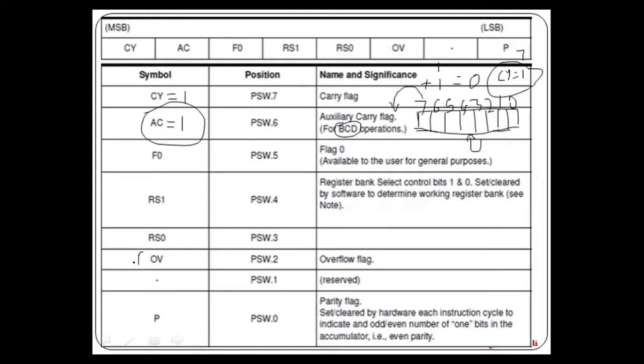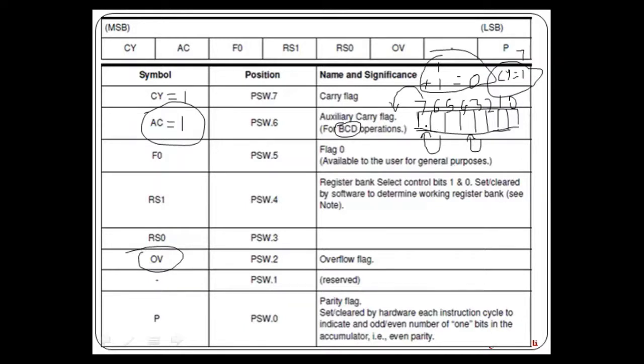Now, when is your overflow flag set? Let us see. When you have an overflow from D6 to D7. So when this happens from bit number 6 to bit number 7, suppose you have 1 plus 1 in the 6th bit.